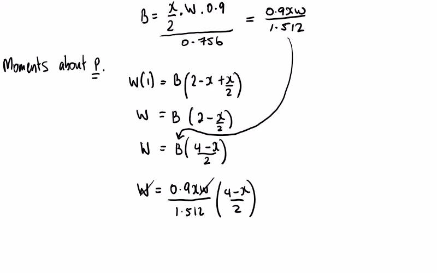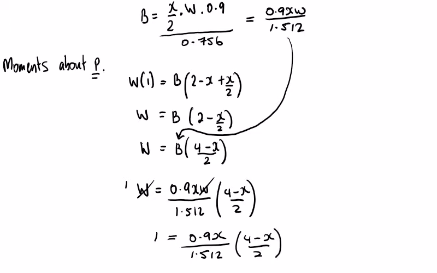Cancelling the W's, we get 1 is equal to 0.9x over 1.512 multiplied by (4 minus x) over 2.